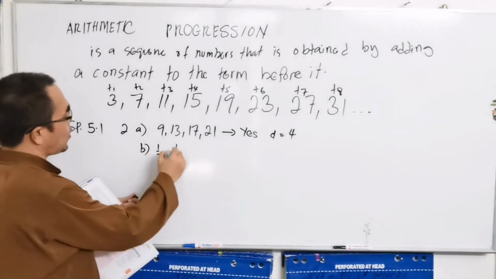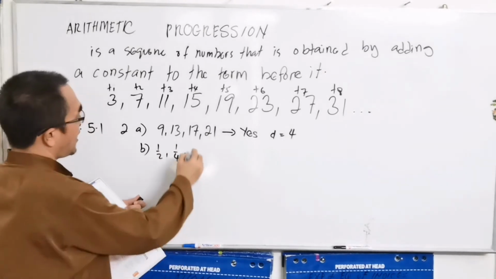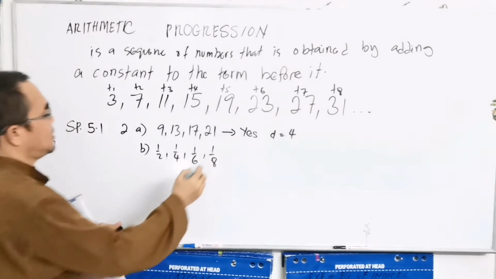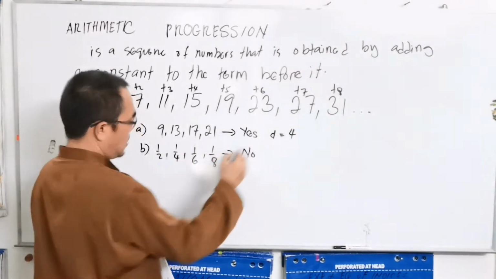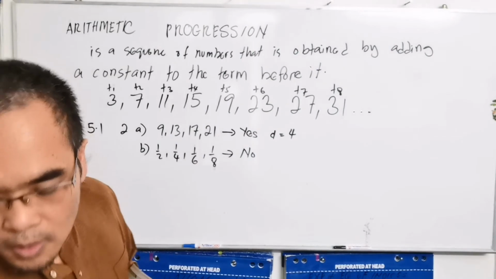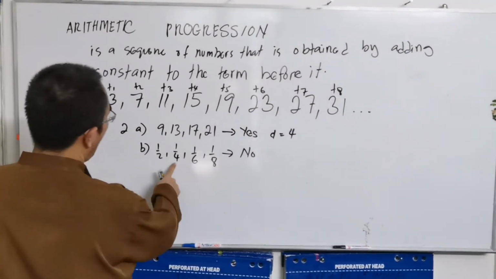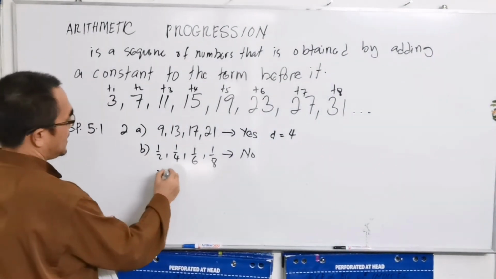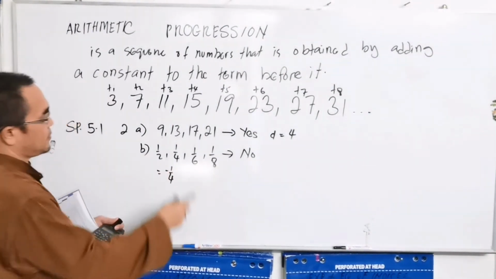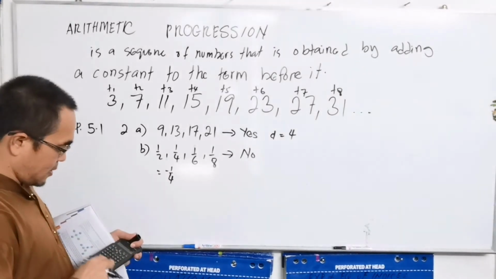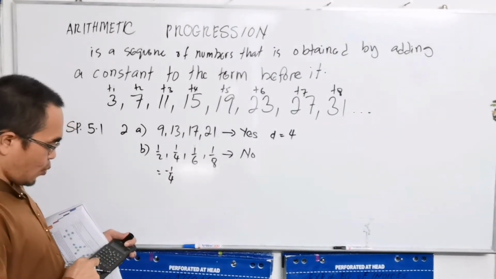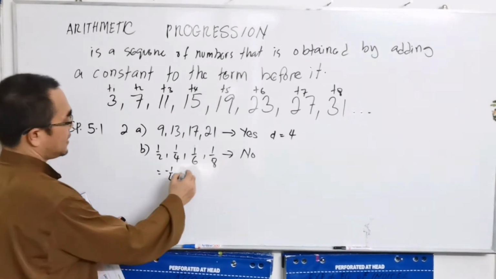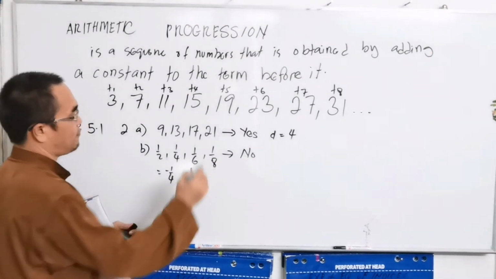How about B? 1 over 2, 1 over 4, 1 over 6, and 1 over 8. Yes or no? No. Because 1 over 4 minus 1 over 2 will be negative 1 over 4. 1 over 6 minus 1 over 4 will be negative 1 over 12.